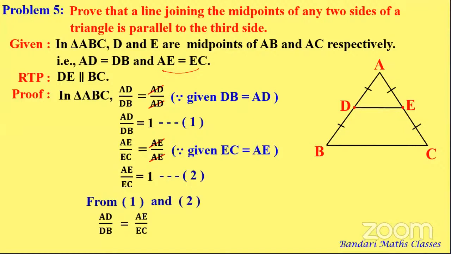The converse of the basic proportionality theorem says that if a line divides two sides in the same ratio, then the line is parallel to the third side. Therefore, DE is parallel to BC by the converse of BPT. That's all.